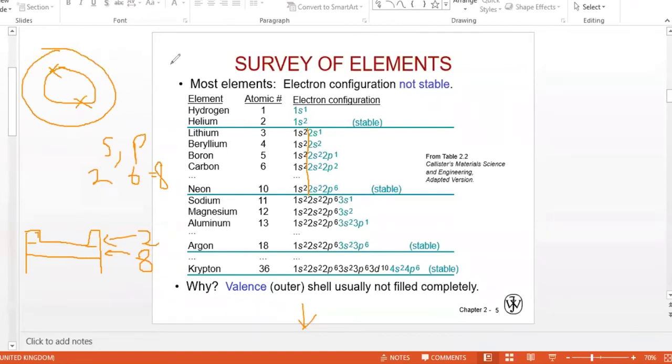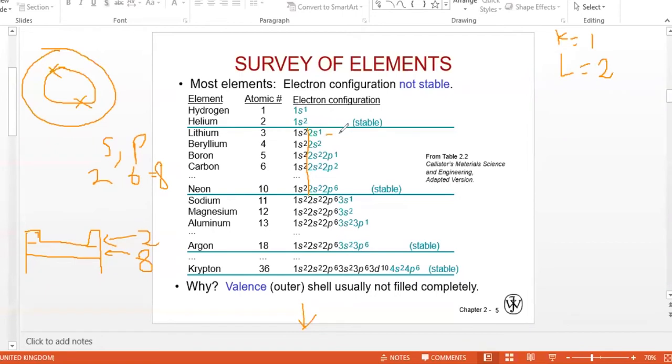While writing this 2, it is the main orbit 2. The main orbit K is 1, L is 2.